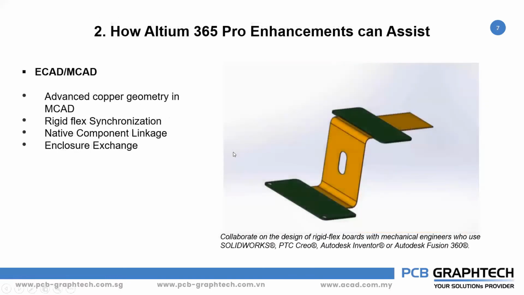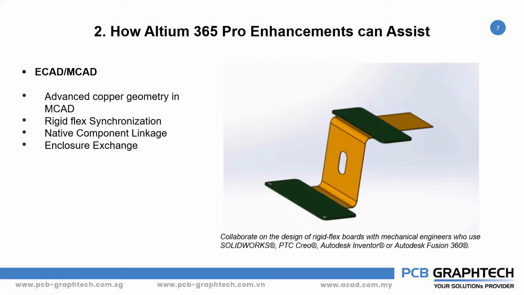Next, the feature ECAD MCAD collaboration. Normally we know that we can collaborate on the design of a rigid flex board with mechanical engineers using software like SolidWorks, PTC Creo, Autodesk Inventor and Autodesk Fusion. First, there is advanced copper geometry.